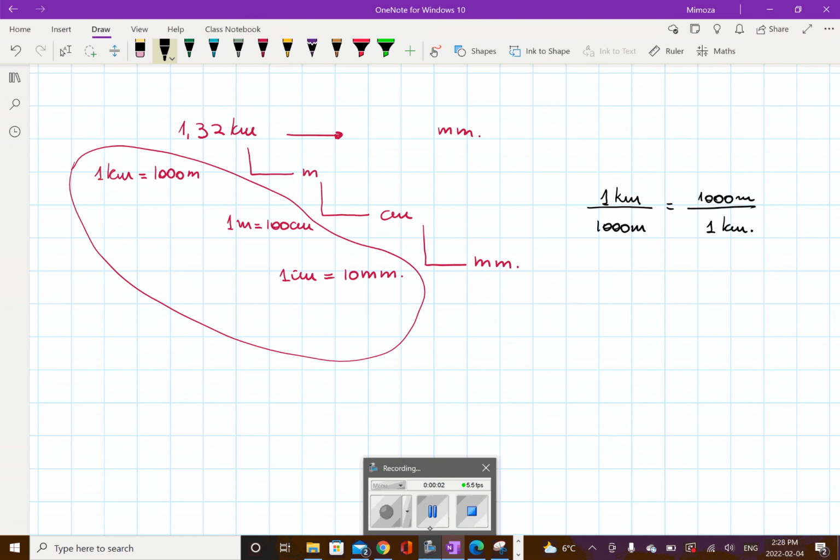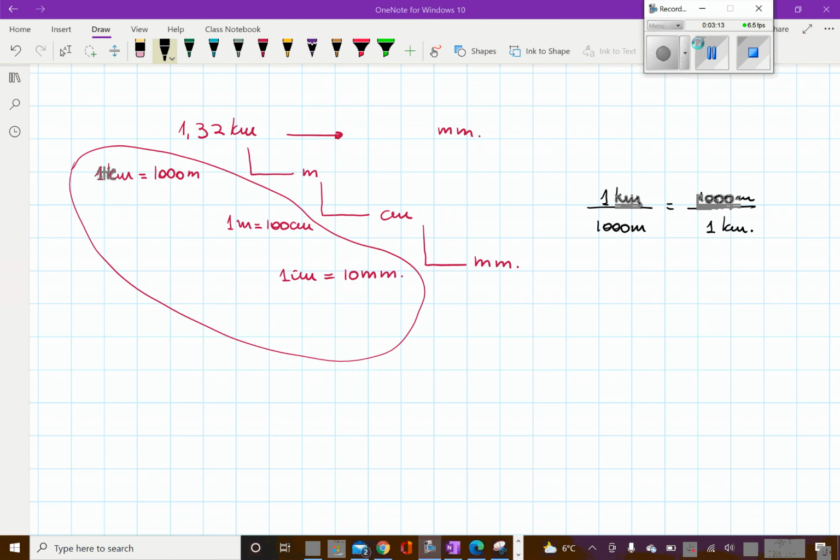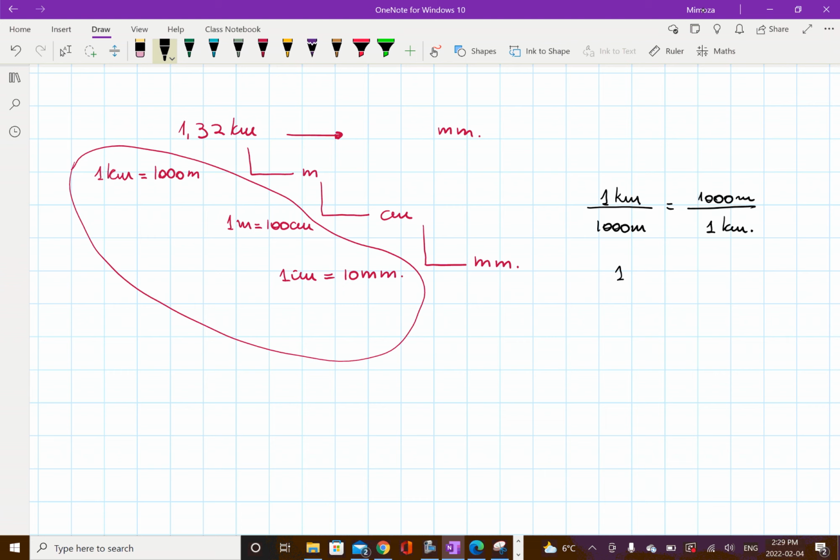So this is what it means, a ratio of 1. We'll choose to use one of those ratios, either ratio 1 or ratio 2, so that we are canceling the previous unit that was given or was left from the transformation.